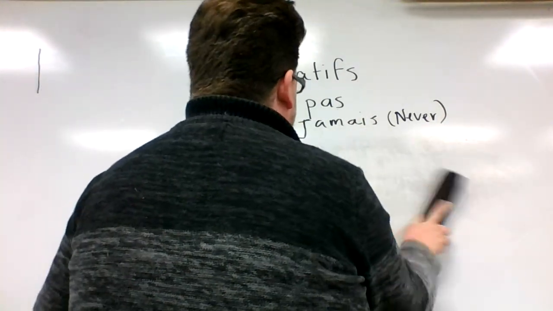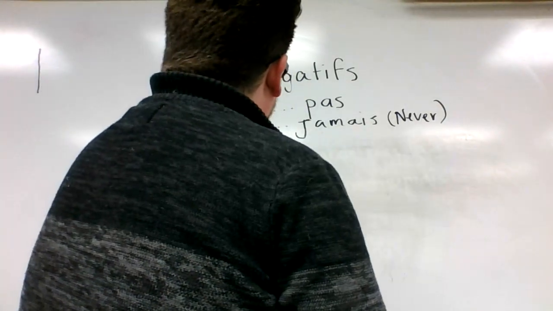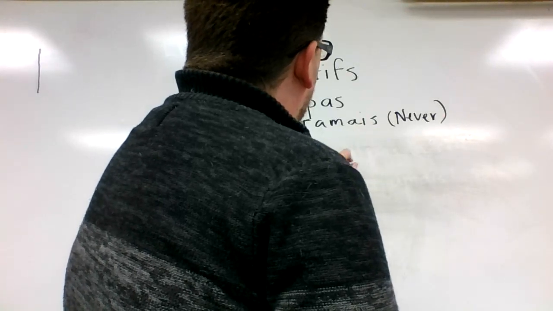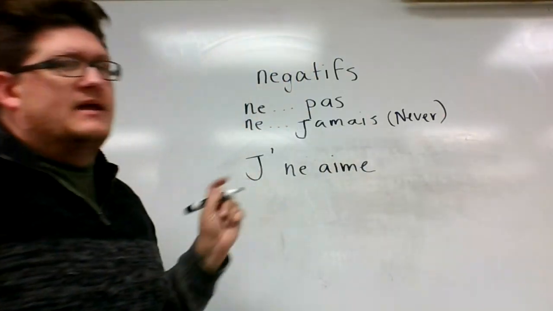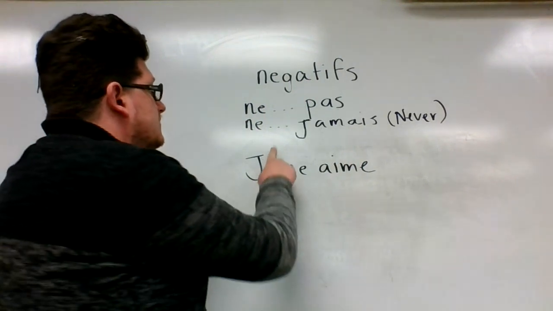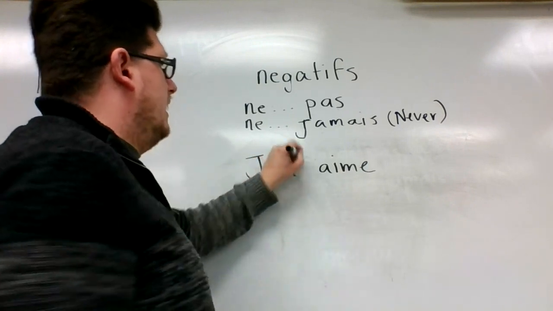So I hope that answered some of your questions, right? Some of the mistakes that I saw were this, right? So the mistake here is that we would have the E back because this is a consonant. This E would go away, right?